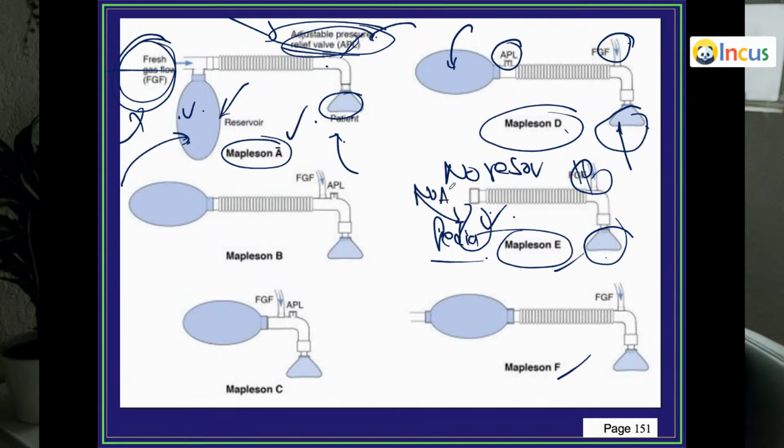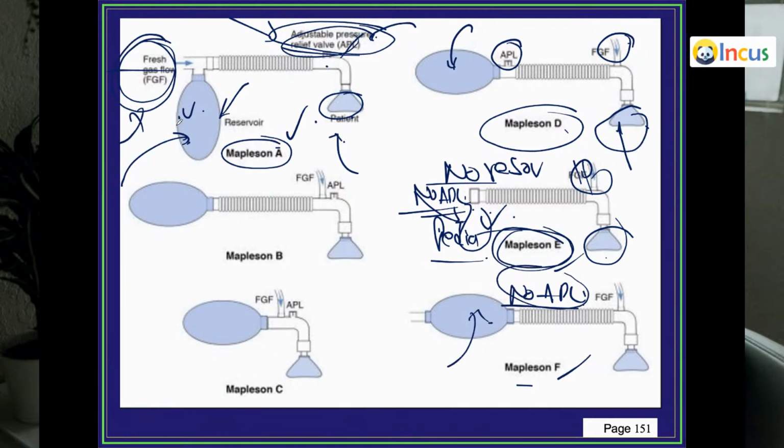No APL in Mapleson E. No APL in Mapleson F also. In fact, Mapleson E has no APL and no reservoir bag, whereas in Mapleson F, there is no APL, only a reservoir bag. That's what you need to remember.